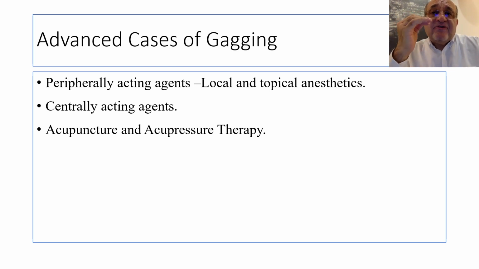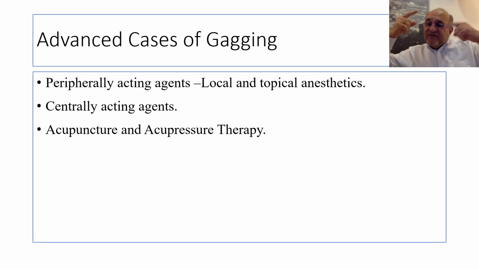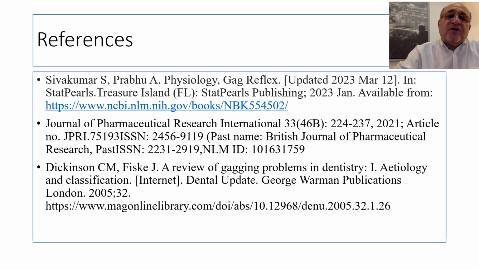Those references are actually, if you want to go further into the types of the medications that are used and the courses of the nerves and what is involved in the process in the brain, what is going on in the brain, I would recommend those references.